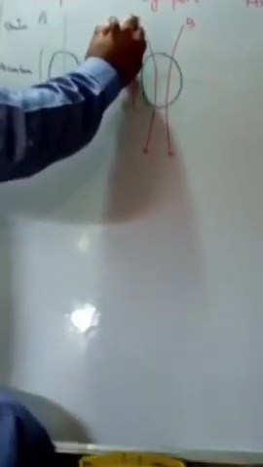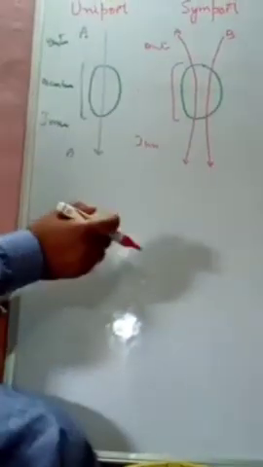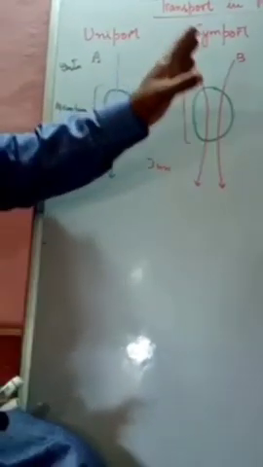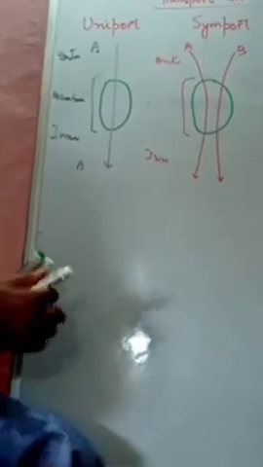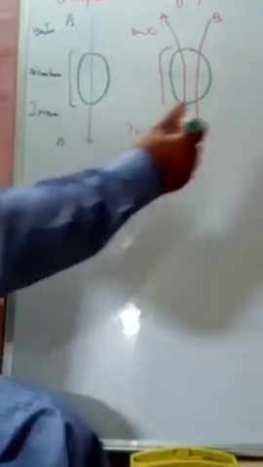If this is the membrane, this is the outer, this is the inner side of the cell, and this is the membrane. So here we will see two molecules taken simultaneously.